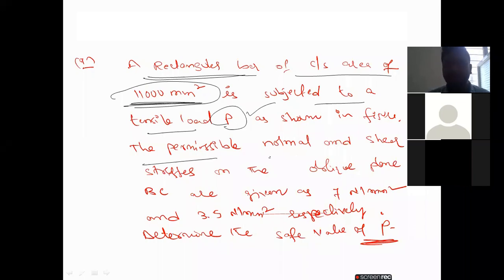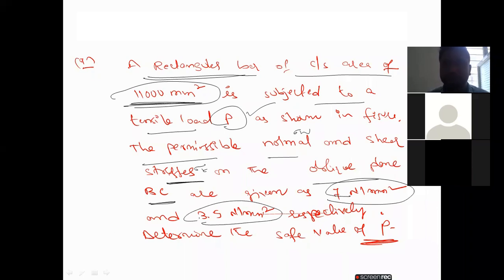The permissible normal and shear stresses on the oblique plane BC are given as 7 Newton per mm square and 3.5 Newton per mm square. That means the normal stress is 7 Newton per mm square and the shear stress is 3.5 Newton per mm square. Now calculate the P value. I will draw the diagram clearly. Please look into this one.